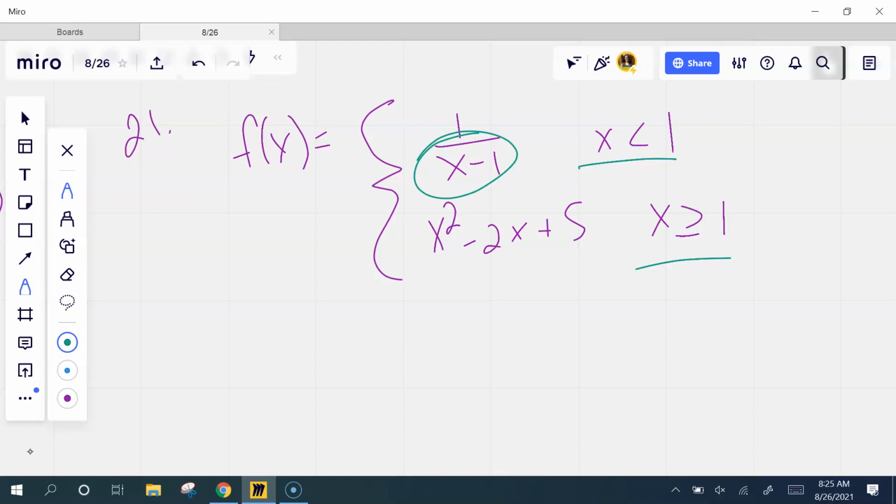So the question is, when I fill this hole, am I filling it, in other words, is it continuous? See if this could make it become continuous, essentially, if we plug that point in.